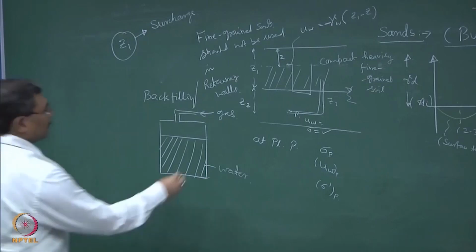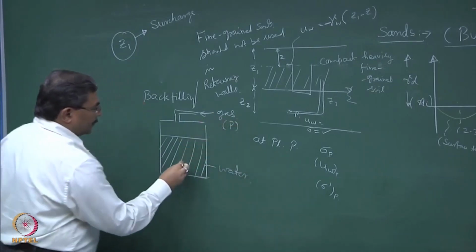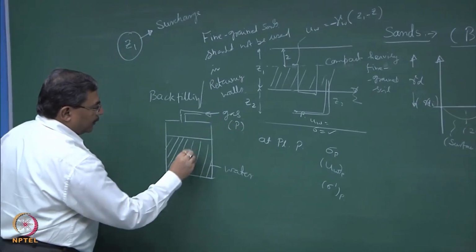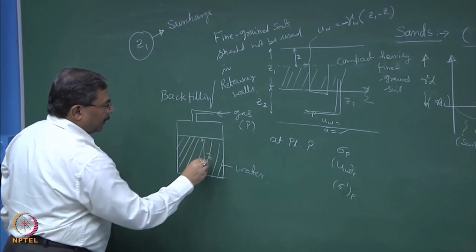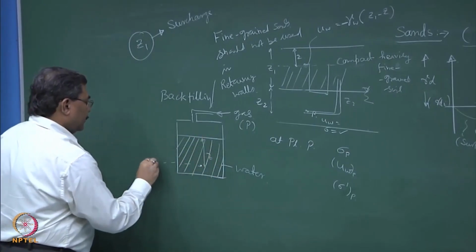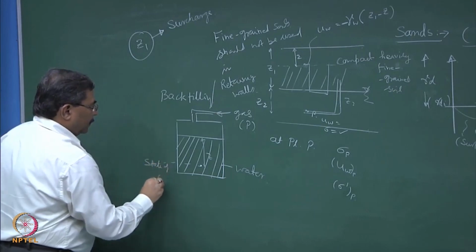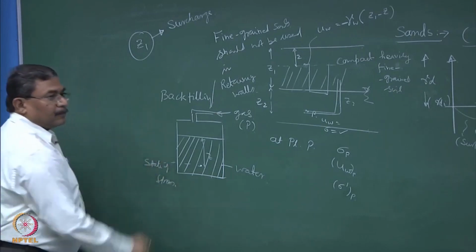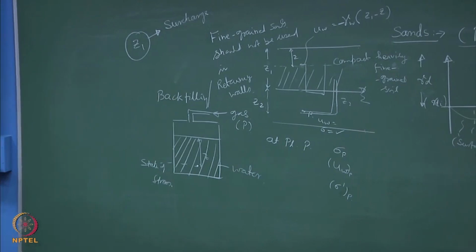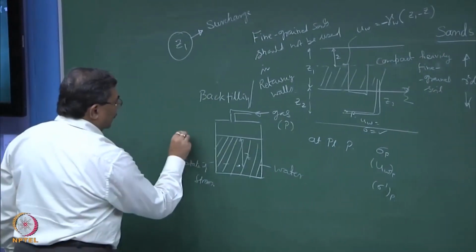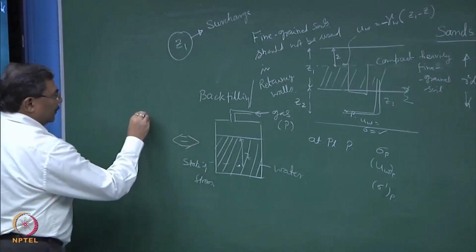And if I say that the gas pressure is P, and if I ask you to find out the pressure at this point at a depth of Z over here, so you can solve this easily, is it not? You must have done this in your plus 2 and afterwards.